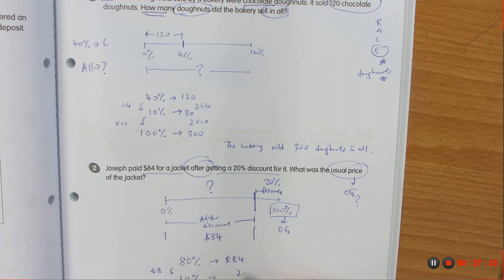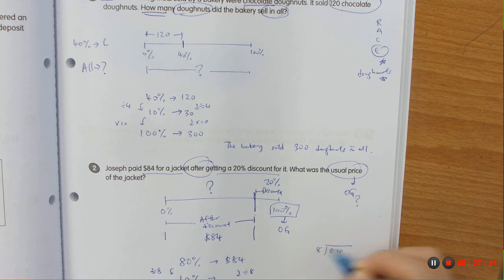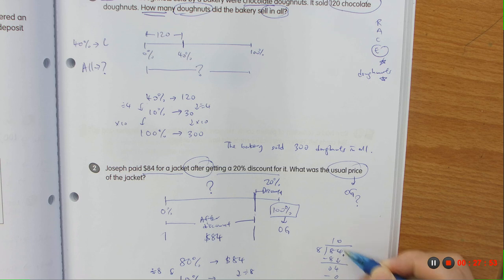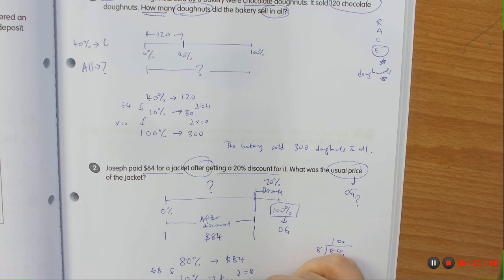So divide by 8. 84 divided by 8 is? 10.5. Money. Yeah, $10.50. Okay? $10.50.